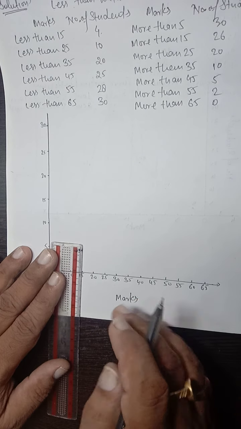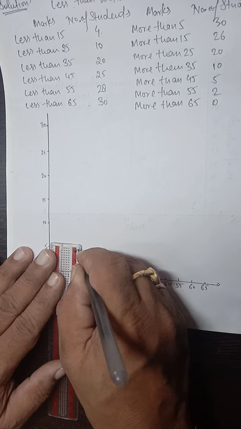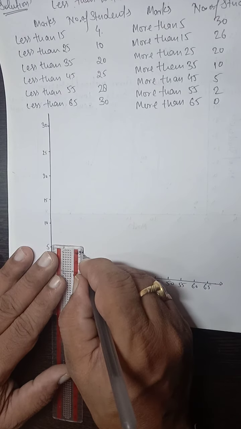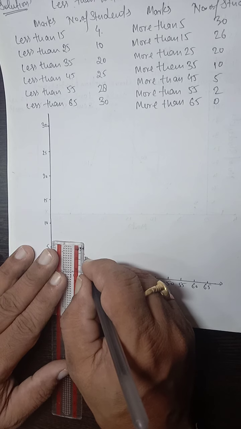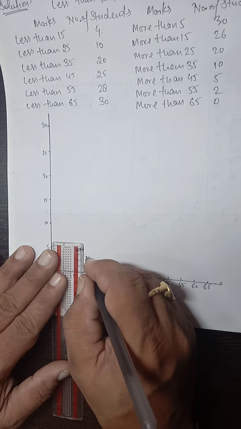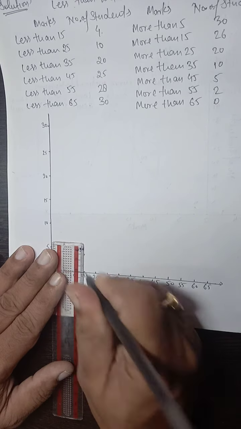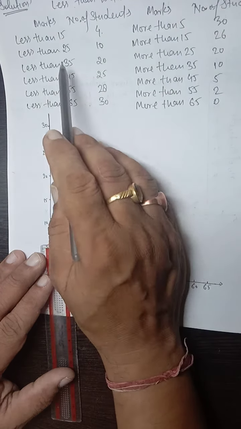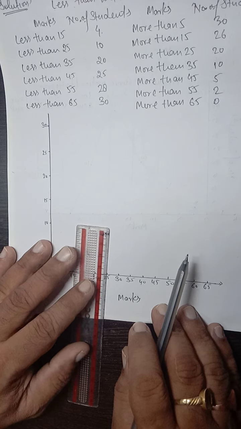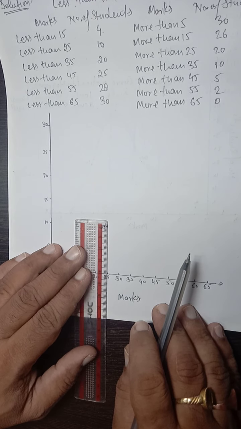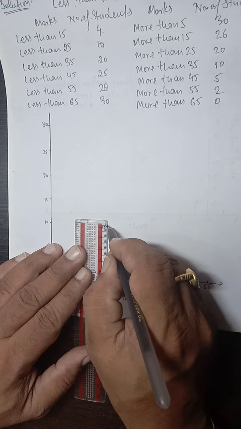Here it will be taken 15 to 4. It will not be marked here. 15 to 4. 25 to 10. Straight away 4 centimeter you can move.